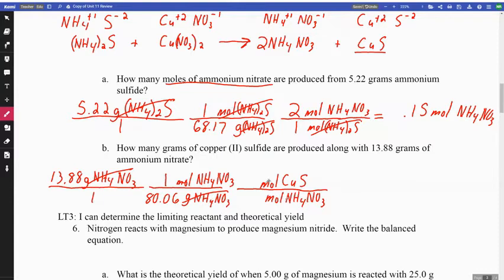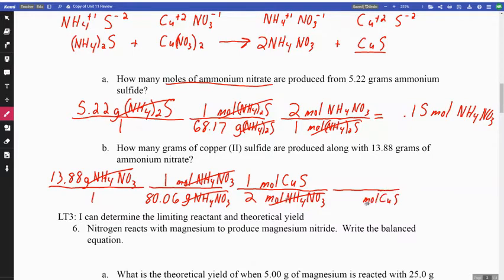Okay, moles on top, moles on bottom. That means that's our coefficient. So the coefficient of that is 1. The coefficient of that is 2. Moles of that cancel out. Moles of CuS are not where we want to be. So we need another conversion factor. We need moles CuS on bottom.